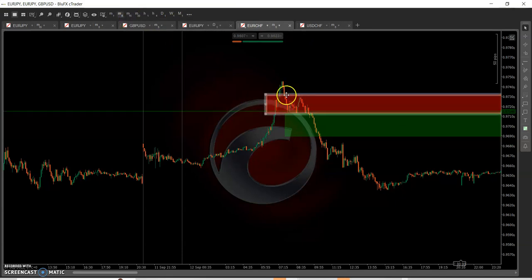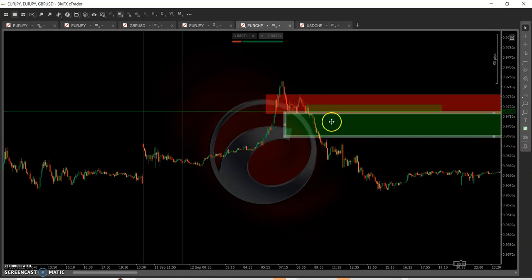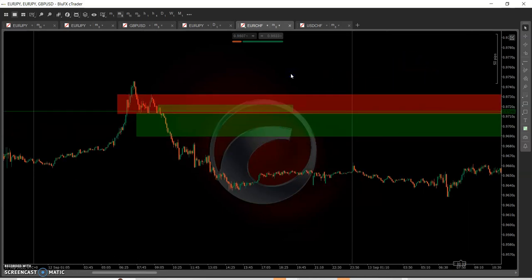We used the 30 minutes chart to get this zone, but the entry was this 5 minutes. If I draw my 5 minutes, it just mitigated the 5 minutes right there. It's a buy to sell candle with a doji. So right there, that's it.